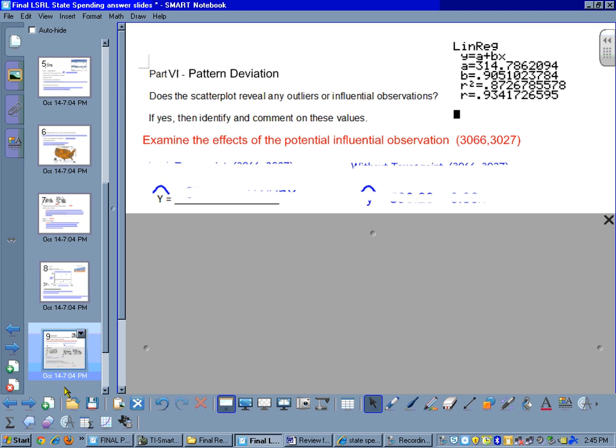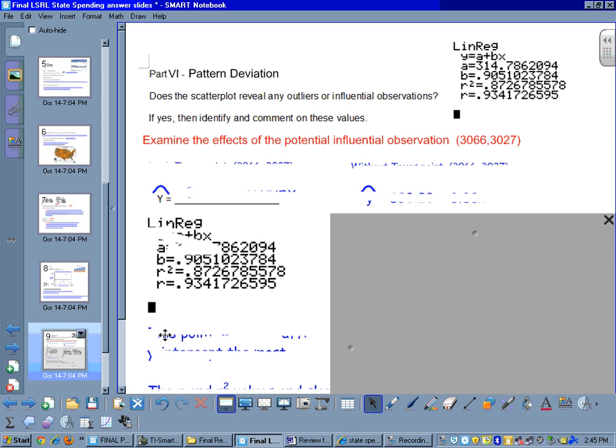Next, I ask you to examine the effects of this data point. I believe on your sheet that you got in class, I did ask you to take out Texas, a very famous state where, according to George Strait, all my exes live in Texas. So if I remember my original data with the Texas point, here are my values.